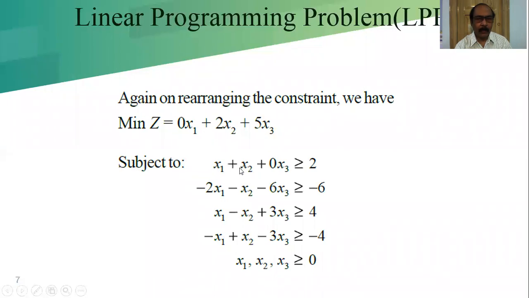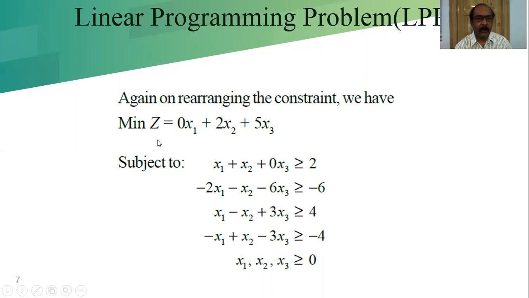Again W1 minus W2 minus W3 dash plus W3 double dash less than equal to 2, and the third constraint will be 0 into W1 minus 6 into W2 plus 3 into W3 dash minus 3 into W3 double dash less than equal to 5.